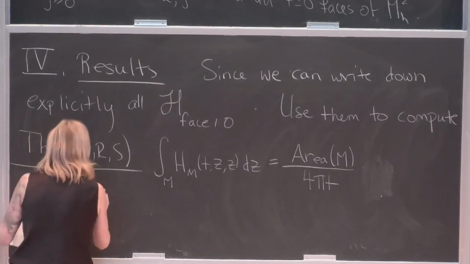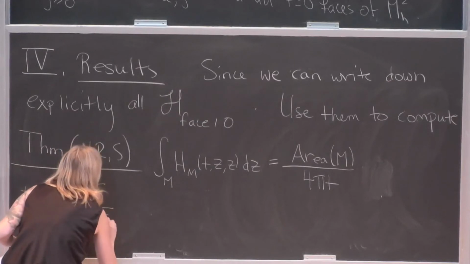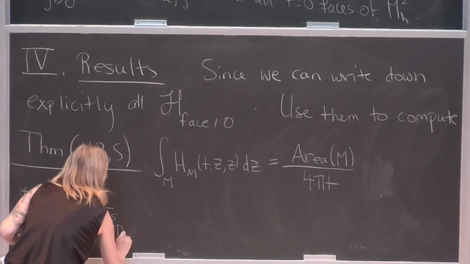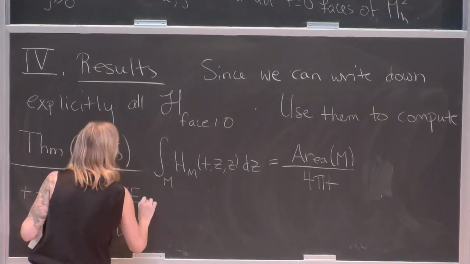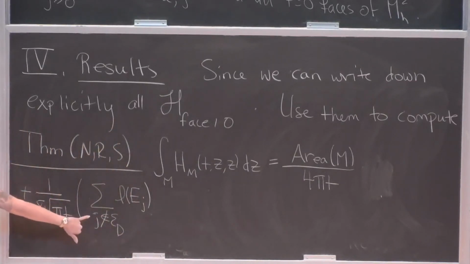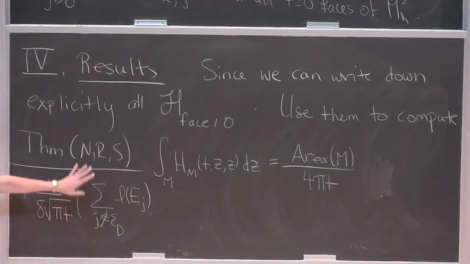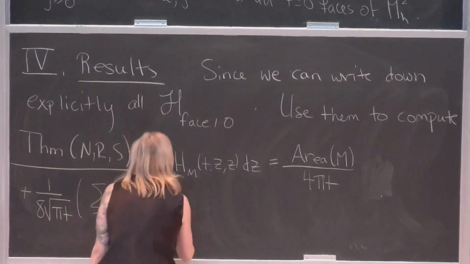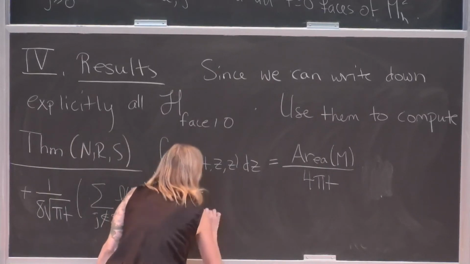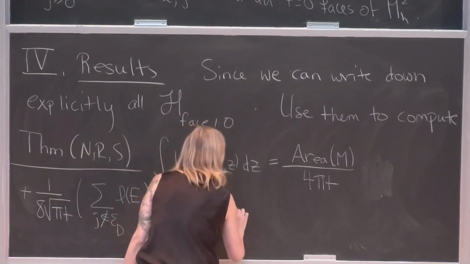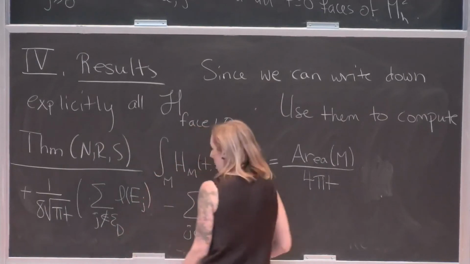And then I sum the lengths of the edges Ej where I don't have Dirichlet boundary condition. I have either Neumann or Robin. And then I subtract the ones that do have Dirichlet boundary condition. So these are the lengths of those edges.